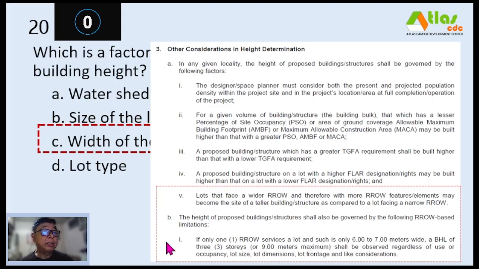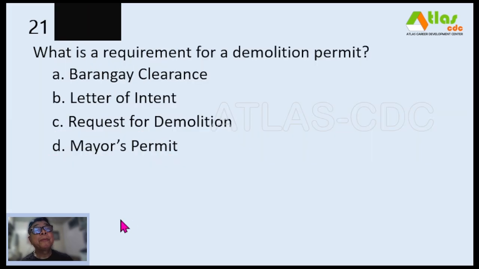And as earlier mentioned, if the one road services a lot and such is only 6 to 7 meters wide, then the building height is also limited. And if the road is narrower than 6 to 7 meters wide, if you read the whole provisions, the building height even becomes lower.